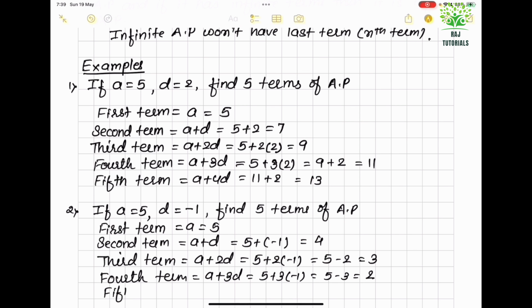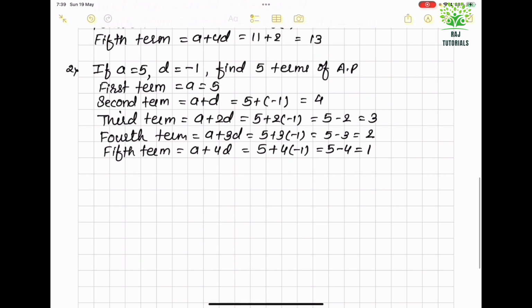And the fifth term is A plus 4D, 5 plus 4 into minus 1, that is 5 minus 4, that will be 1. Now if I am asked for the 6th or 7th term, the 6th term will be 0. So that way I can go on and solve it till as many terms as they have asked me.